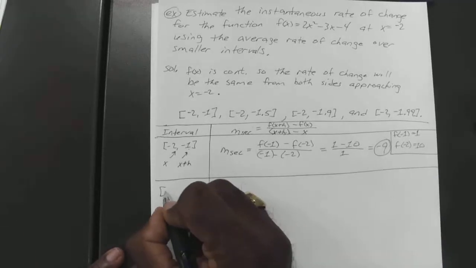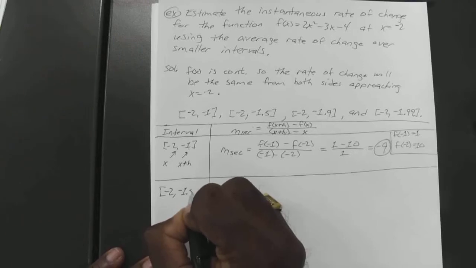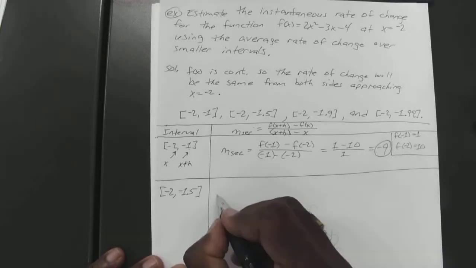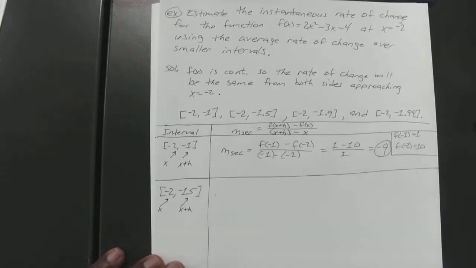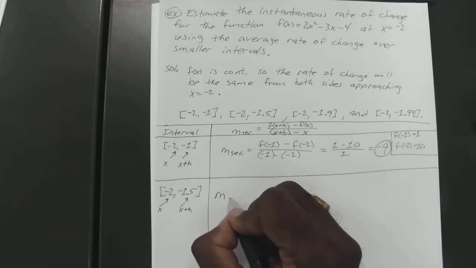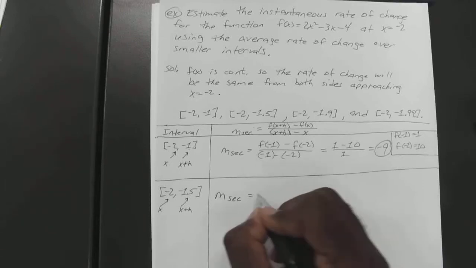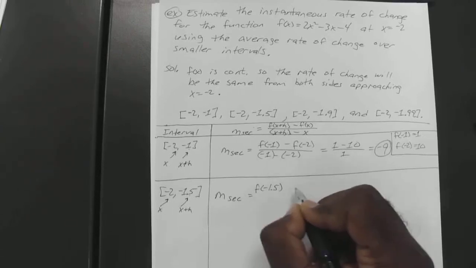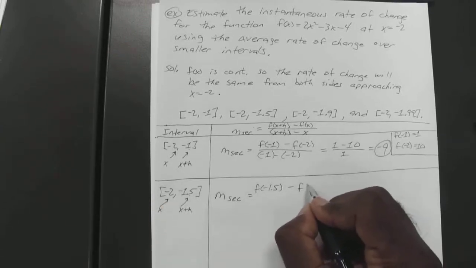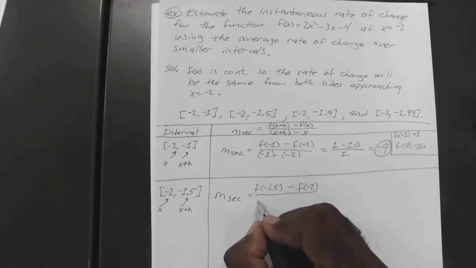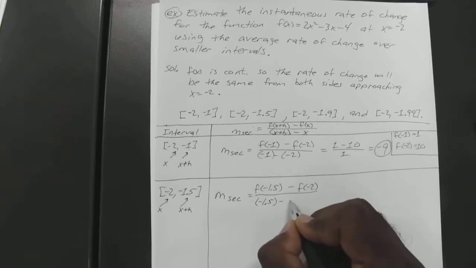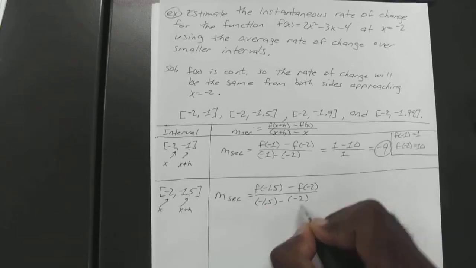Okay, so what if we try the interval from -2 to -1.5? In this case, this is our x, and this is our x plus h. Then our slope, or you can say average rate of change, is equal to f of x plus h, which is f of -1.5, minus f of x, f of -2, all over -1.5 minus -2.